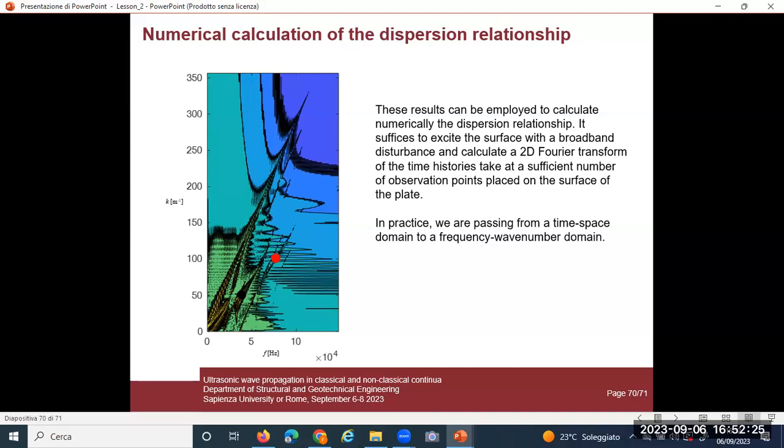Then you let it go, forget about the initial disturbance. There is a way to avoid that you see too much of a transient.